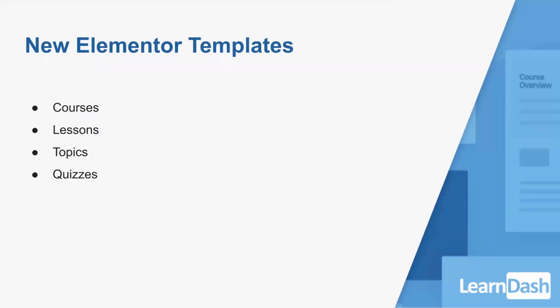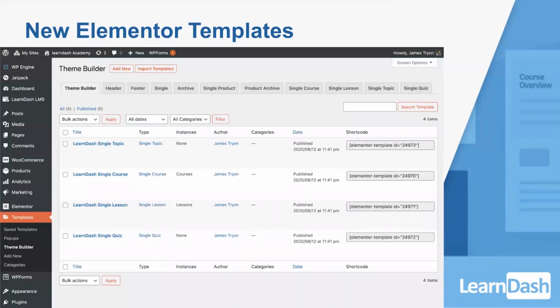The new elements that you get are 4 custom templates that you can use in Elementor to replace any of the current default ones, which are courses, lessons, topics, and quizzes. And this is what they look like.